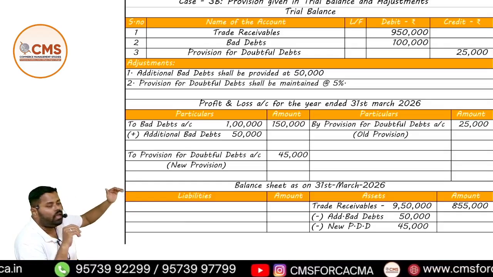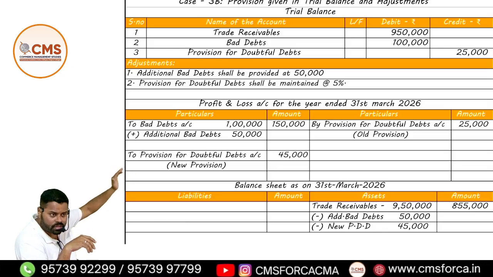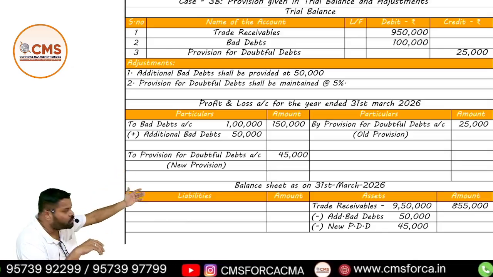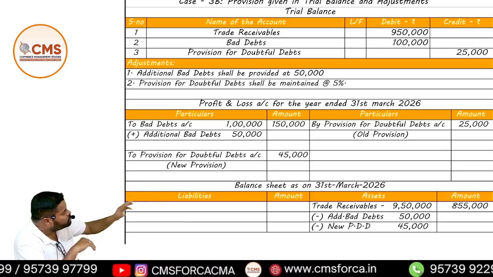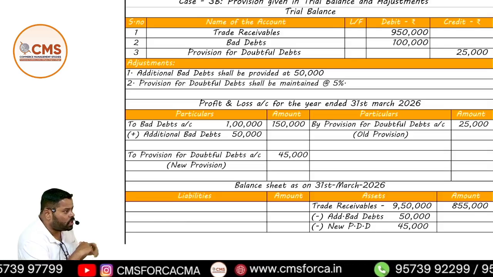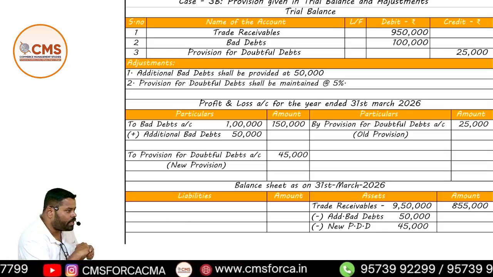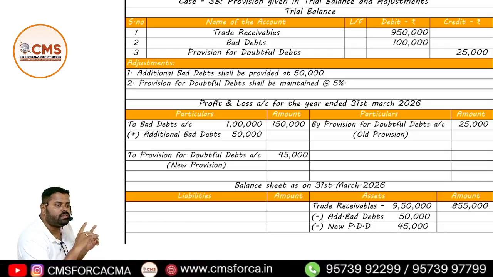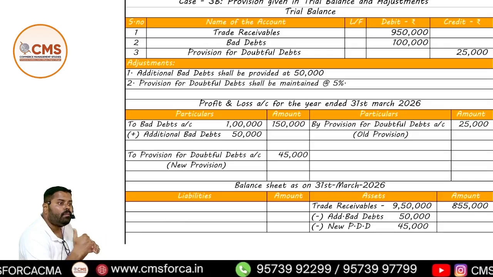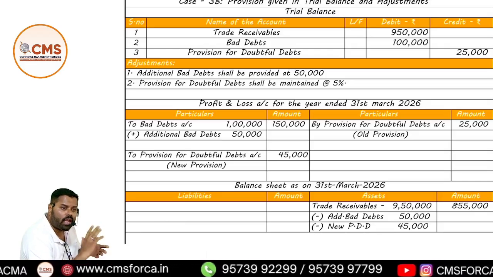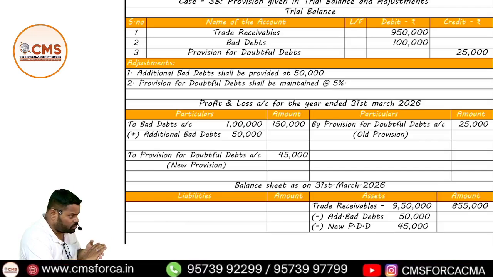Focus on that. Even if you have not understood the previous 6 scenarios, if you understand this one and the next one, story is closed. Trade receivables balance is 9,50,000. Immediately I see an account called bad debts, which means that this 1 lakh loss got confirmed before preparation of trial balance. Correct?